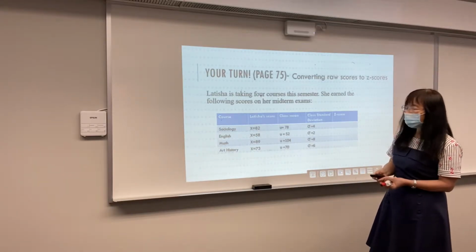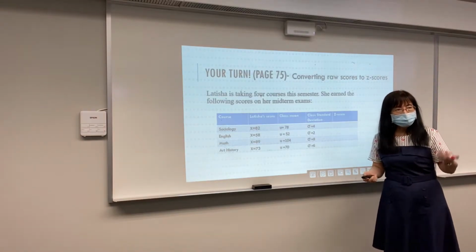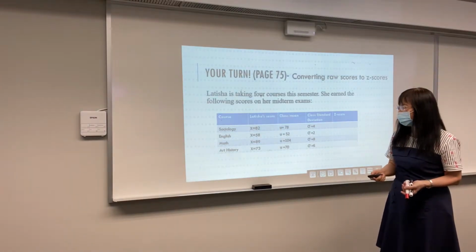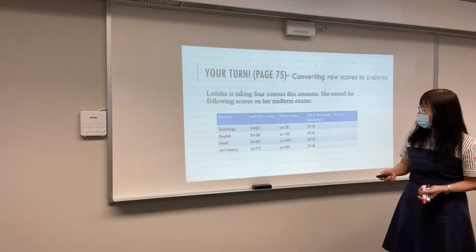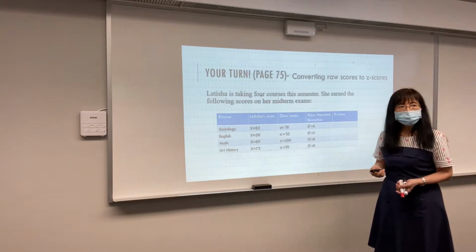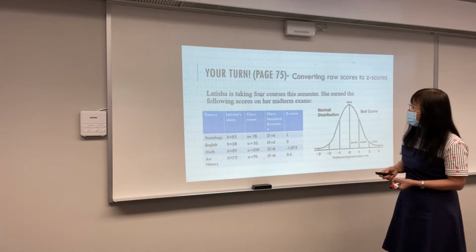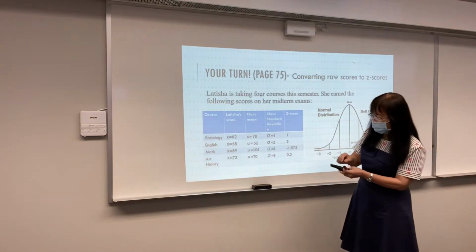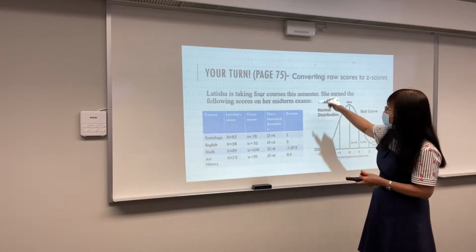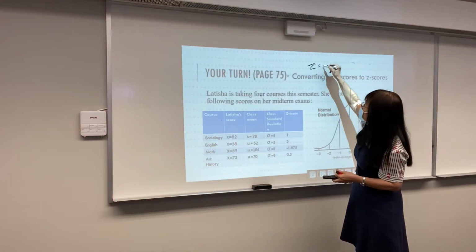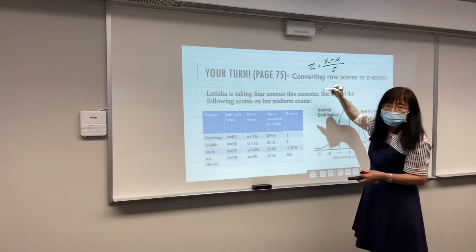So how do you do this one? Everybody show me how you get it. Calculate this score. Z equals the raw score subtract mu, divided by the standard deviation.